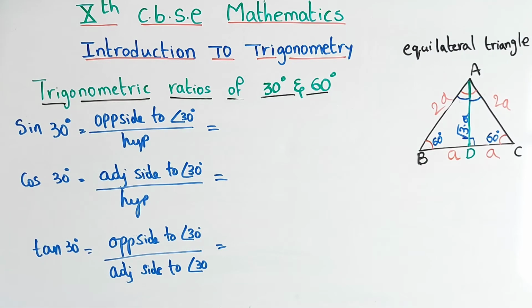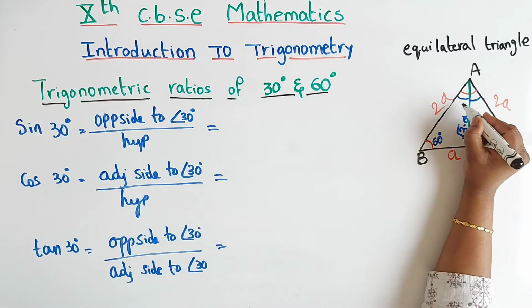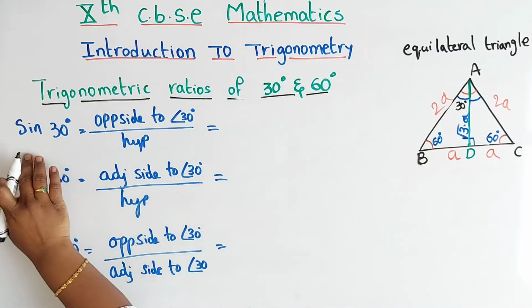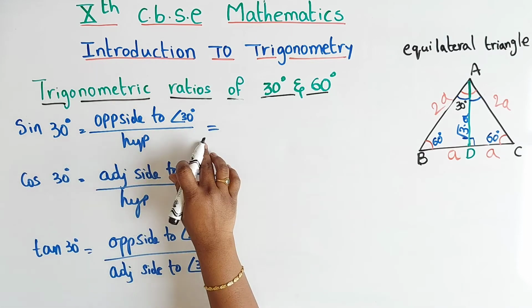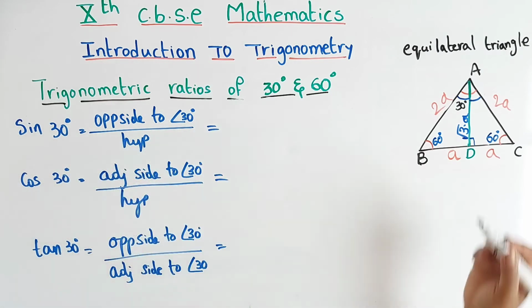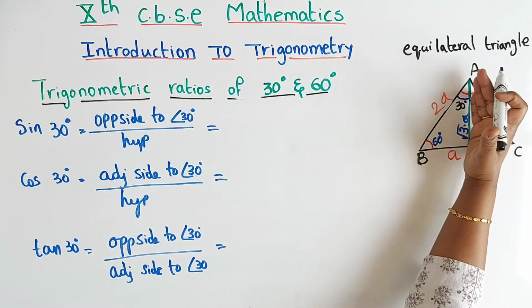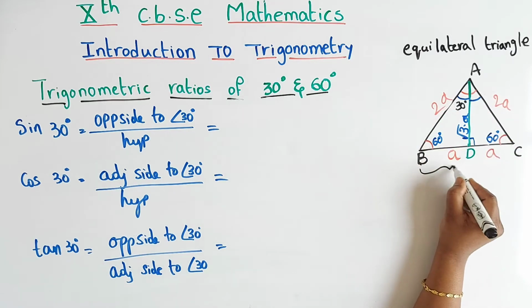Now we will find out trigonometric ratios of 30 degrees first, children. Consider triangle ABD. Observe this one. This is 30 degrees, right? So now sine 30 degrees equal to opposite to 30 degrees divided by hypotenuse. Opposite to 30 degrees, that is BD. We are considering only triangle ABD, children.